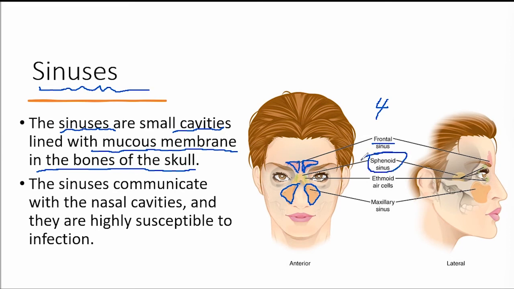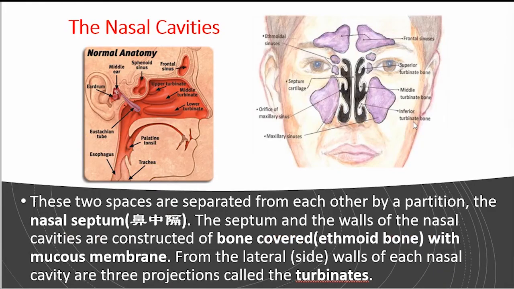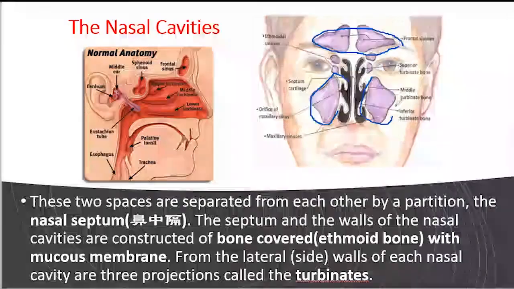The sphenoid sinuses, that's this one. If we look from the side, you can see how deep it is. Another sinus is a small one, basically here. Let's see another picture, maybe a little bit bigger. If we look from the front, that's the frontal pair, that's the maxillary pair here.